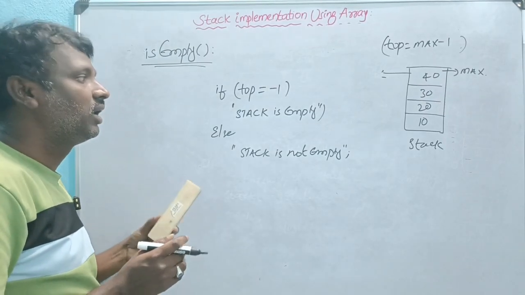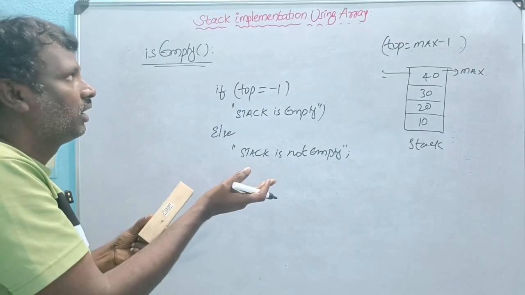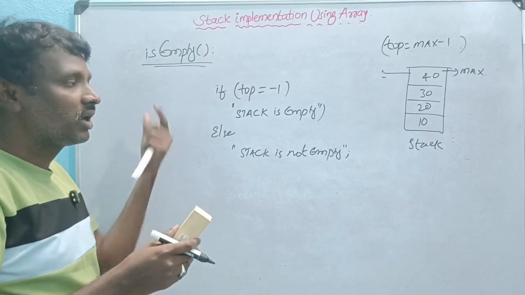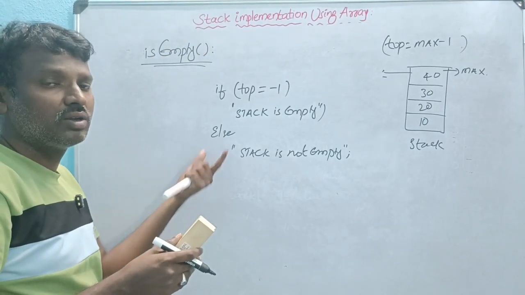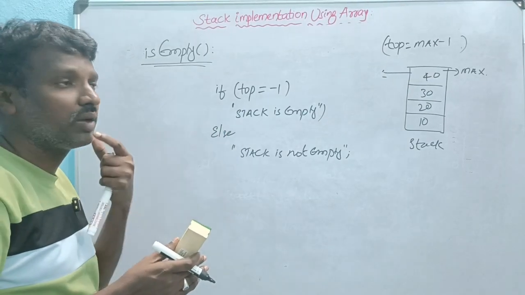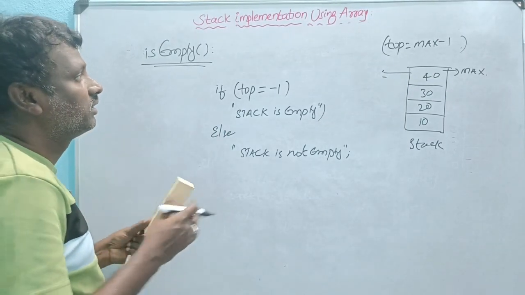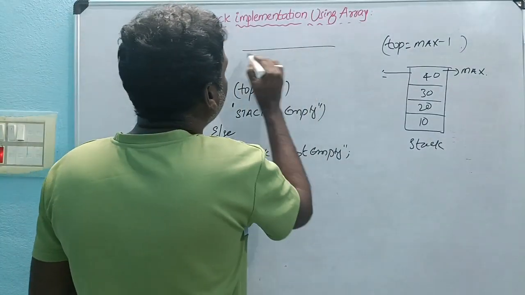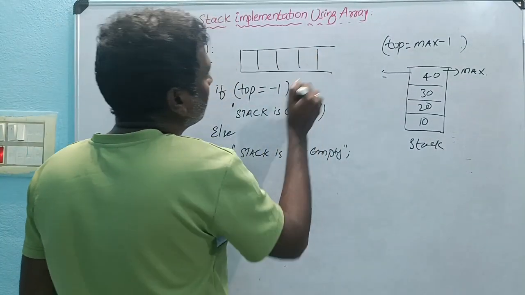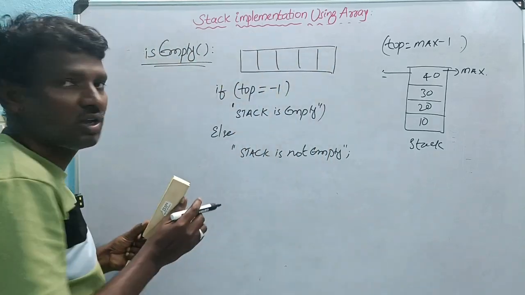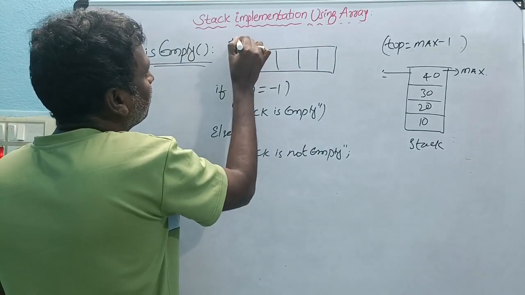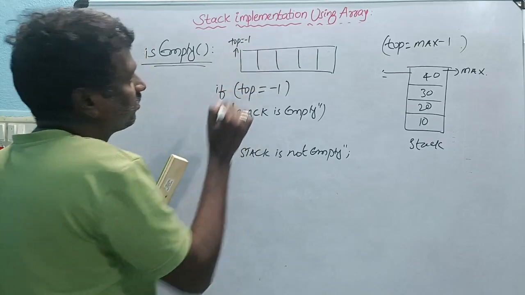Check the conditions. If the stack is empty, it is true. If isFull is false, then the stack is not full. Sorry, the stack is not empty. This is the simple diagrammatic representation of an empty stack, because the top position is here, top equal to -1.